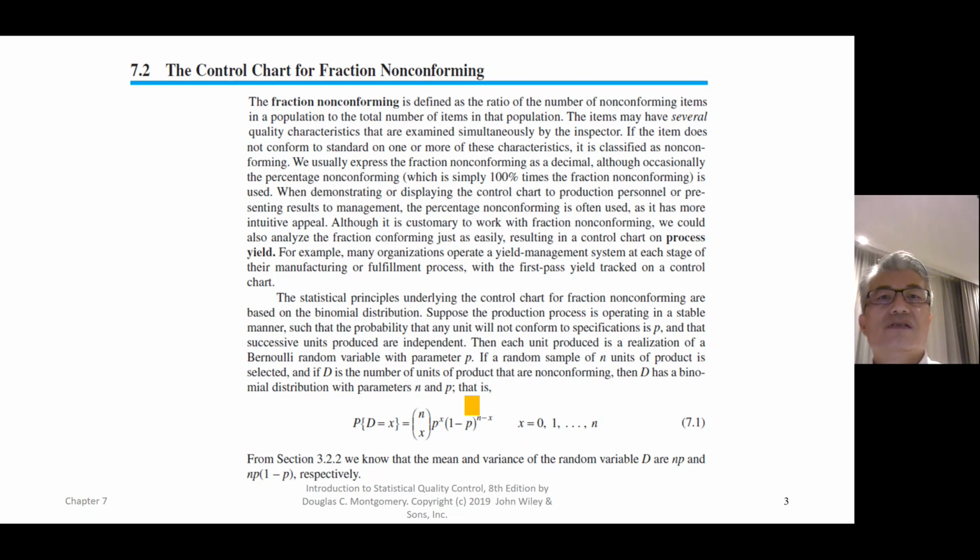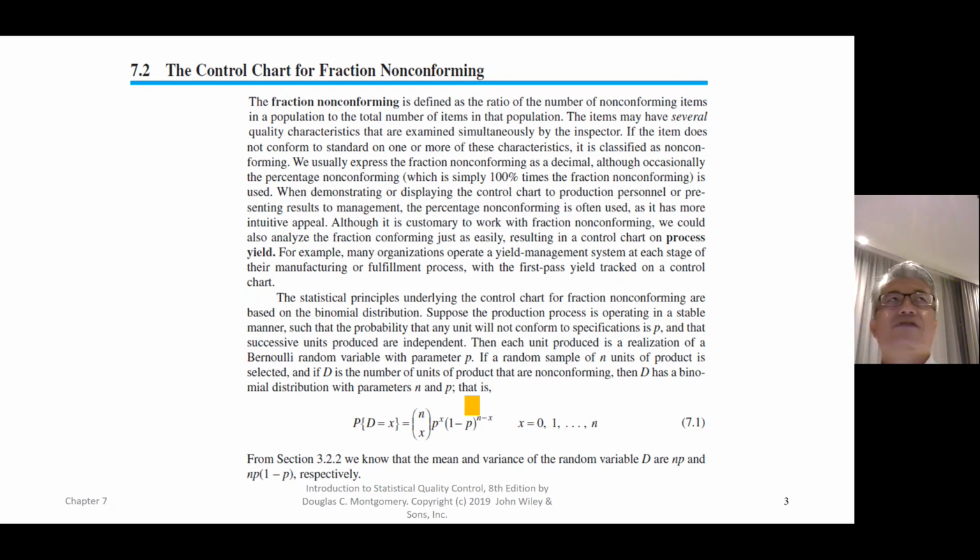We usually express the fraction non-conforming as a decimal representation, although occasionally the percentage non-conforming, which is simply the fraction non-conforming times 100, is used. When displaying the control chart to production personnel or presenting results to top management, the percentage non-conforming is frequently used as it has a more intuitive appeal.